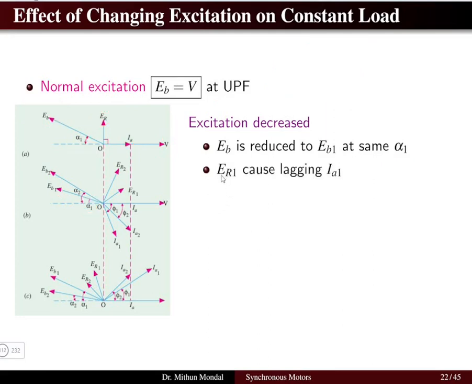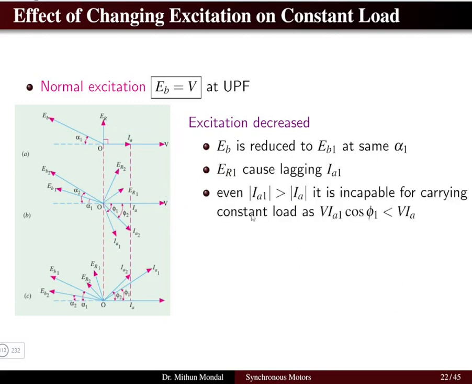Now the resultant EMF ER1 will cause the lagging current IA1. So current which was in phase with voltage, now a new value of the current IA1 will come, which will lag the voltage by an angle of phi 1. So there will be a lagging power factor. We see that the magnitude of the current for the two cases, that is IA at normal excitation and IA1, are a little bit different, that is IA1 is a little bit more than IA.